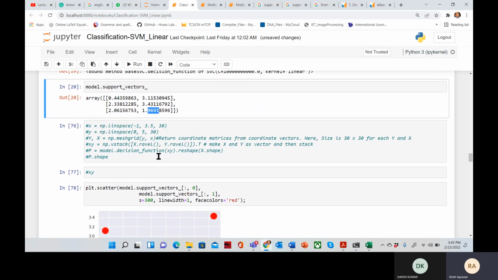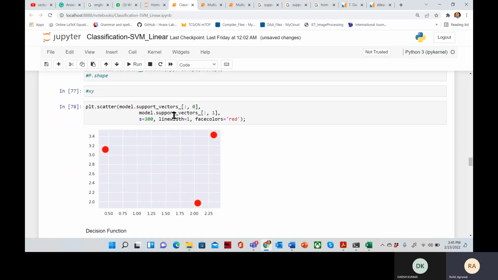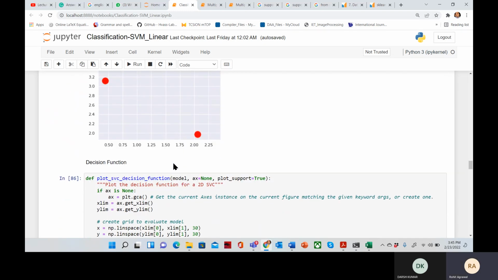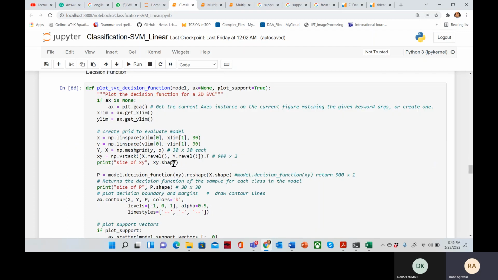Now we are going to plot these three support vectors. You can see these are the three support vectors in the SVM. Clear? Yes, sir. Okay.